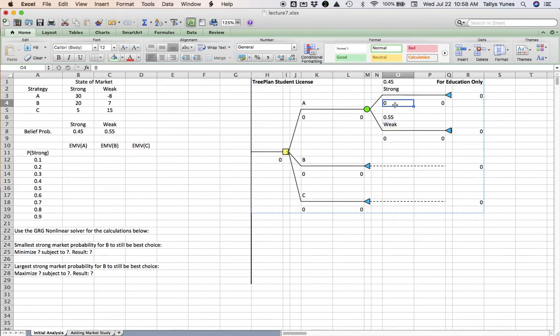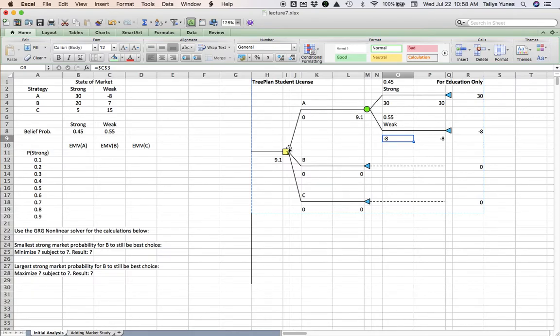So I could refer to that 30 here, and let me anchor that too. And if I chose aggressive strategy and the market was weak, I can point there to indicate that I'm going to lose 8 million. Great.